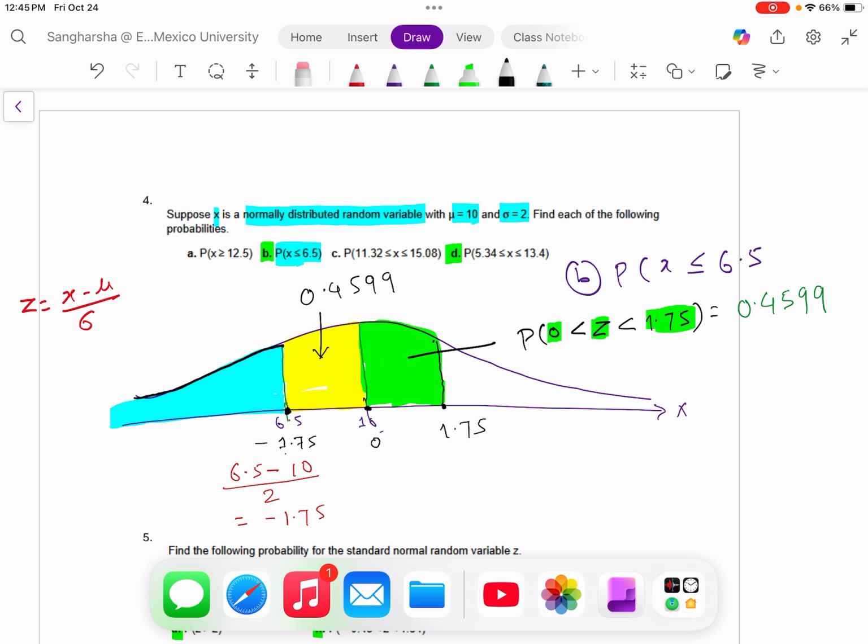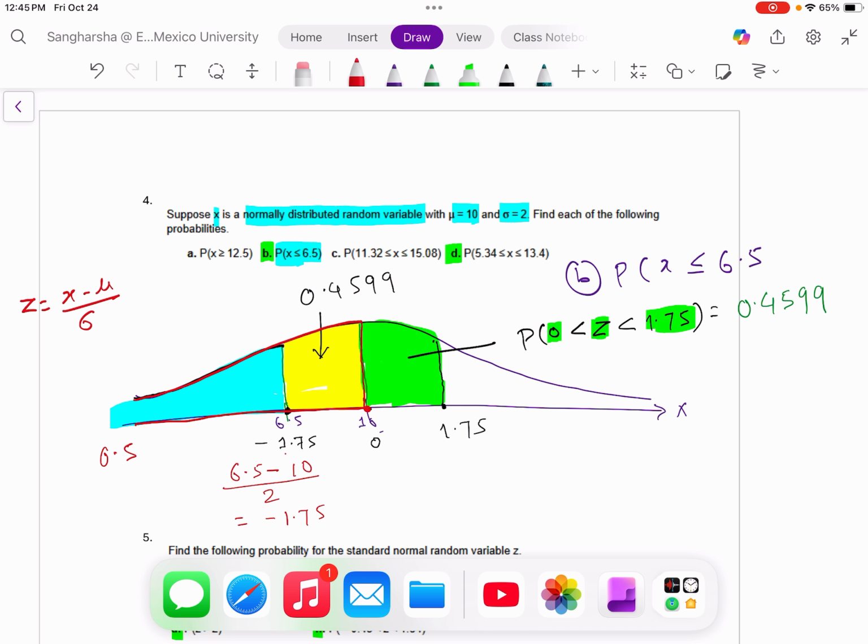Now what we know next is that the area on the left of the mean is always 0.5, and the area on the right of the mean is always 0.5. This red region is 0.5. Our yellow region is 0.4599.